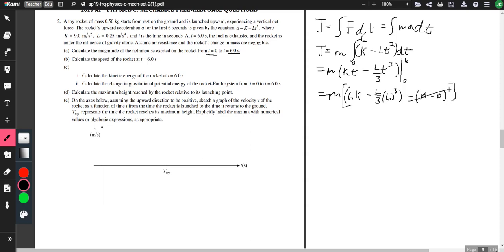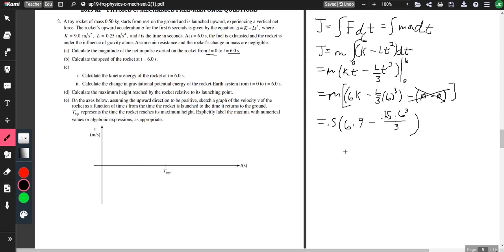Easy enough, so that latter part drops out. What I can also do is plug in the numbers. My mass is going to be 0.5, k is going to be 9, and L is 0.25, times 6 cubed over 3. So let's figure out what this is.